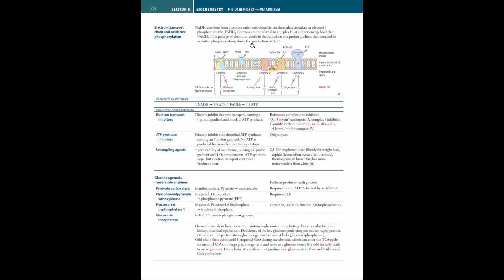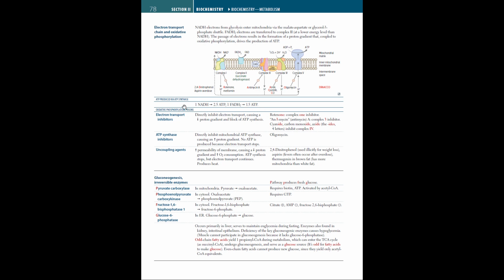So you can see that this whole electron transport chain happens in the mitochondria, with the mitochondrial matrix, the inner mitochondrial membrane, and the intermembrane space. The ATP is produced via ATP synthase, so 1 NADH equals 2.5 ATP, whereas 1 FADH2 equals 1.5 ATP. So 2.5, 1.5.